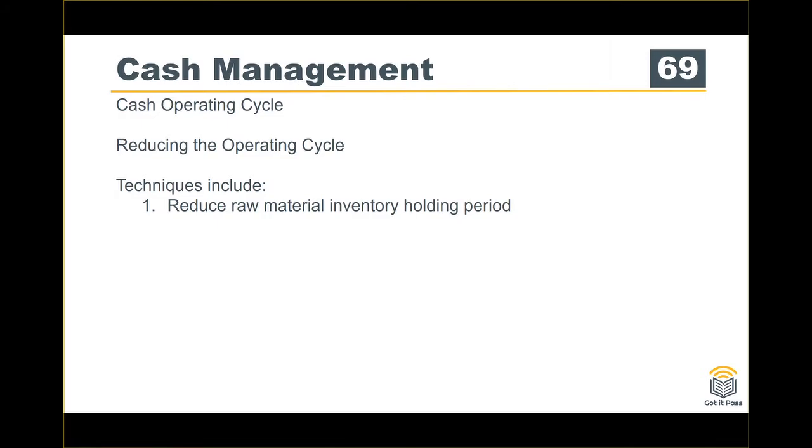And how to reduce the operating cycle? Techniques include, first of all, reducing the raw materials. If you are holding some raw materials for production, you can consider how to reduce the level. Next, you can use JIT, just-in-time inventory management.